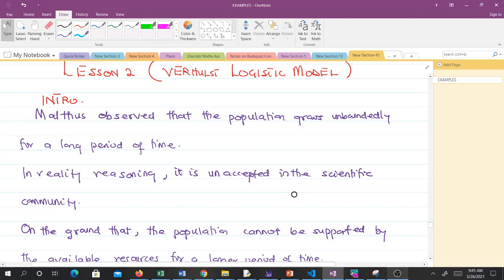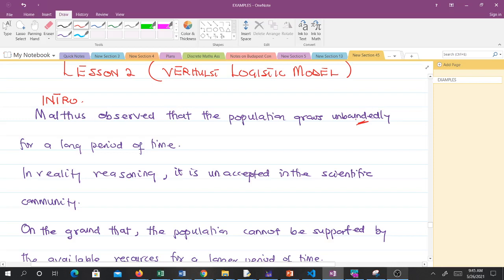So, Malthus observed that the population grows unboundedly for a long period of time. The keyword unboundedly here is very, very important. Unboundedly means that when a population starts to grow for a long time, it grows without any limit. Based on the model Malthus proposed, that was the interpretation of it.